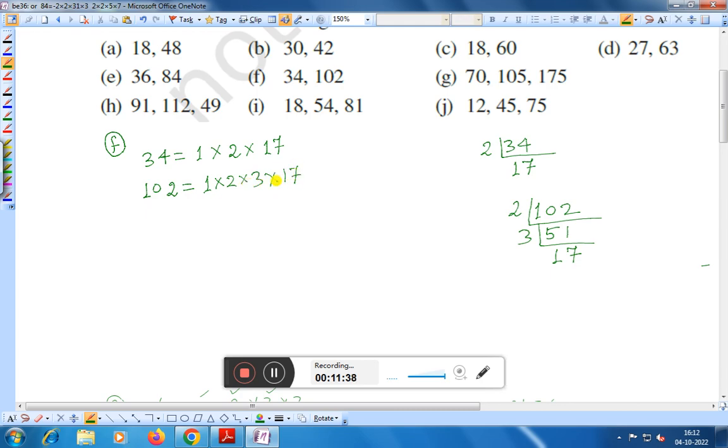Therefore, HCF of 34 and 102 is: what is common? 2 is common. That is 2 into, see, 17 is also common. 2 into 17, that is 34. Therefore this is the solution of question number F.